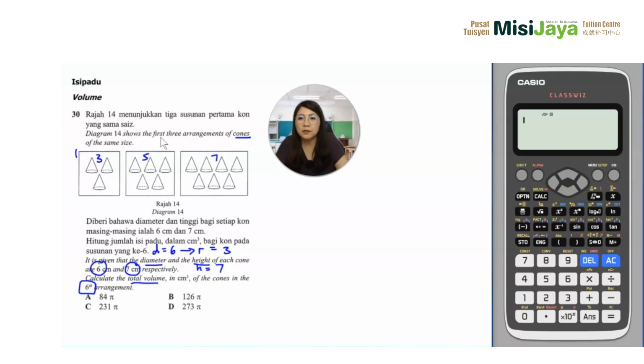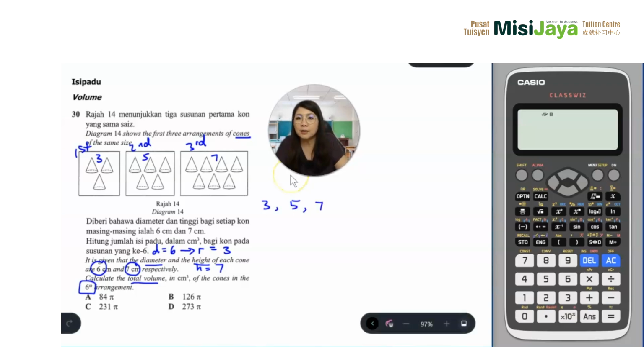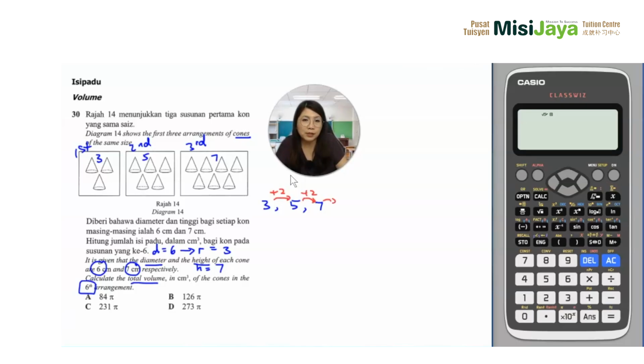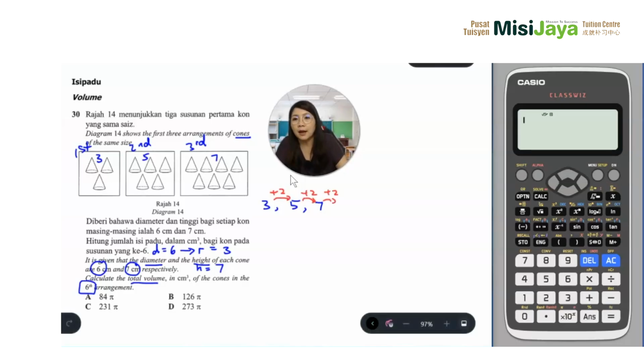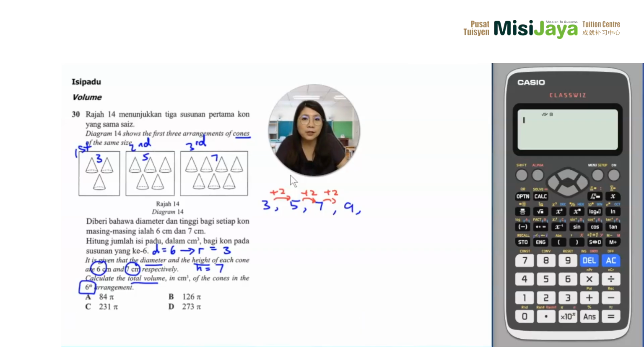So this is the first arrangement, second, and this is third. I'm going to make a new sequence. First is 3, second is 5, third is 7. You can see the pattern: to get the next term, you need to plus 2. So 5 plus 2, 7. 7 plus 2, you get 9. 9 plus 2, you get 11. 11 plus 2, you get 13.